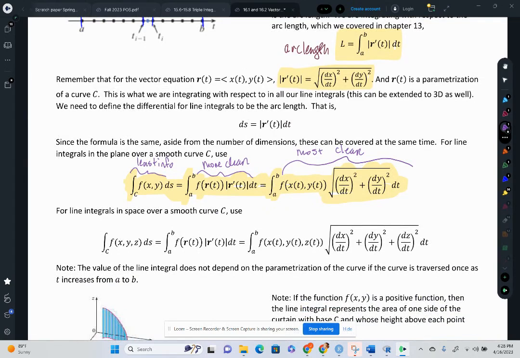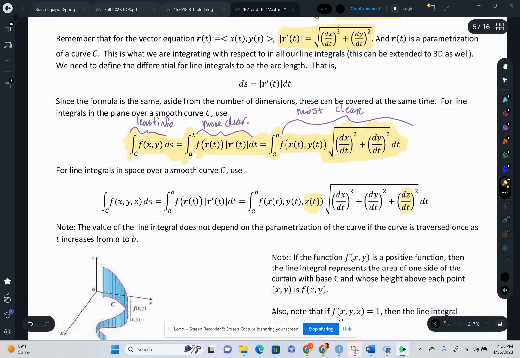Check out your formula sheet, see which one I gave you on the formula sheet, and see what you're going to be responsible for knowing from that formula sheet. Okay. In the next line, I've just upped the dimensions. So the only difference in this next line is that now we have three-dimensional f of x, y, z. And so that means r of t will have a third component, the z of t. And r prime of t will also have a third component. It'll be the dz/dt. Okay.